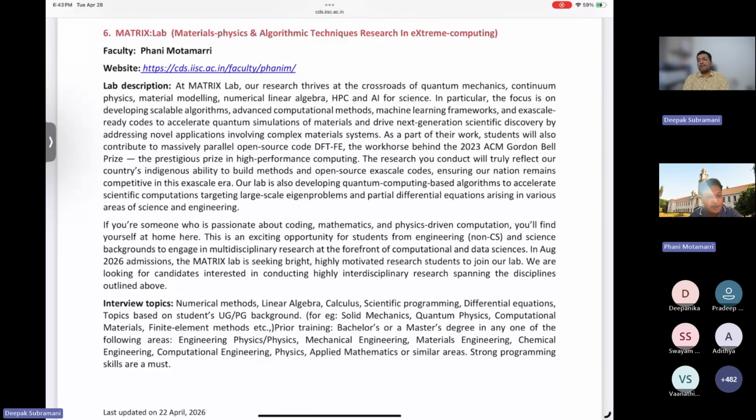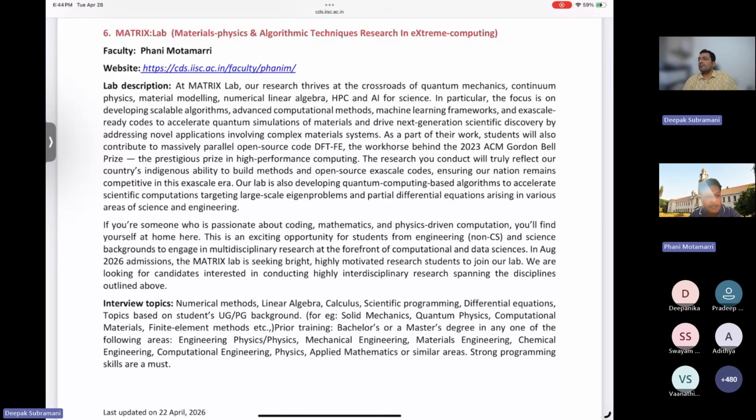So we actually thrive at the crossroads of various interdisciplinary topics. As Professor Deepak was mentioning, though we speak the language of materials physics, we work at the crossroads of quantum mechanics, of course, material science, numerical methods, numerical linear algebra, quantum computing, and large-scale HPC, and AI for science.